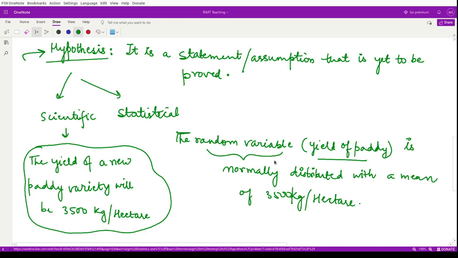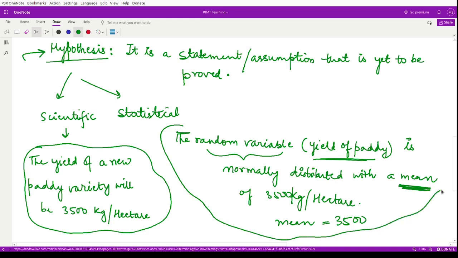So we are talking about the same thing, but now in terms of mean and variances. So we are saying the mean here of the random variable, which is the yield of paddy, is equal to 3500 kg per hectare, right? So this is what is the basic difference. That means we are talking about the same thing in terms of mean and variances now.